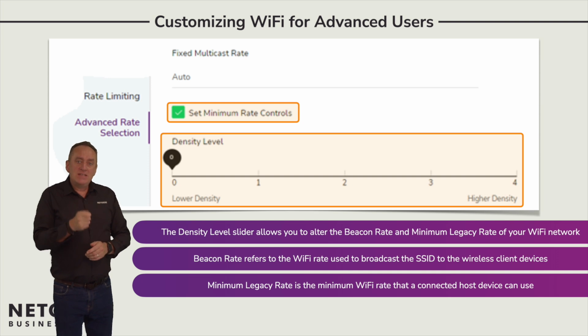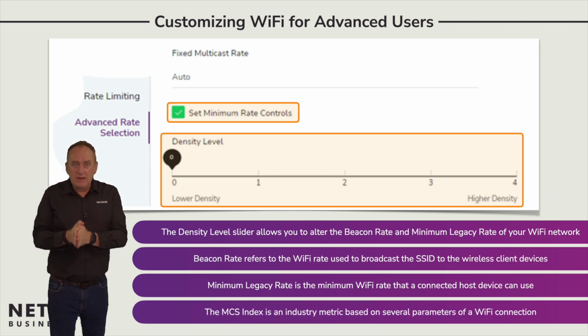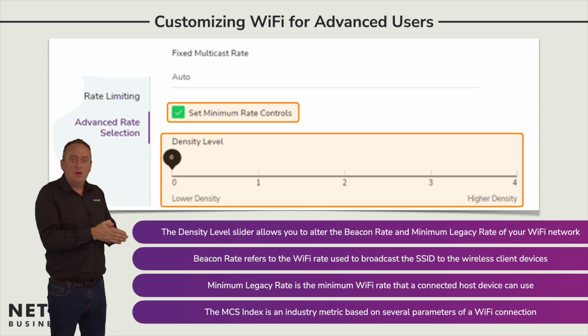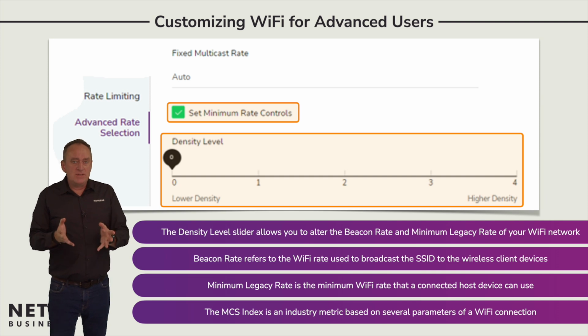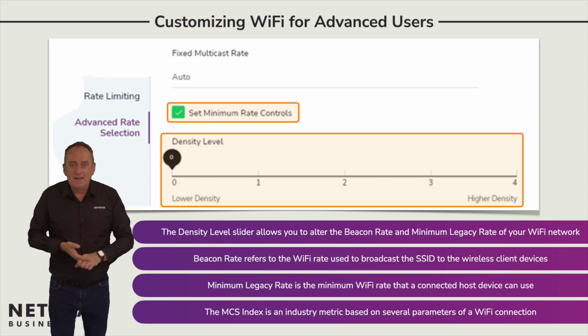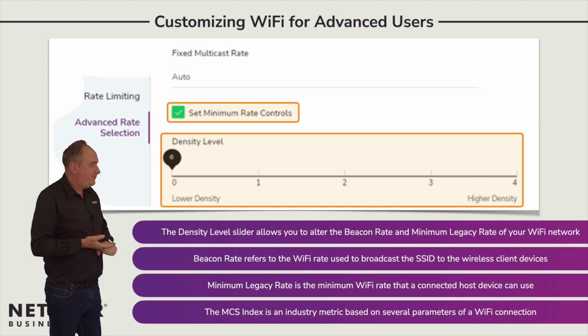Now, the MCS index is an industry metric based on several parameters of a Wi-Fi connection between a client host device and an access point. These parameters include data rate, channel width, and the number of antennas within the device.